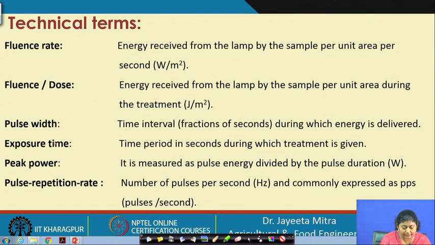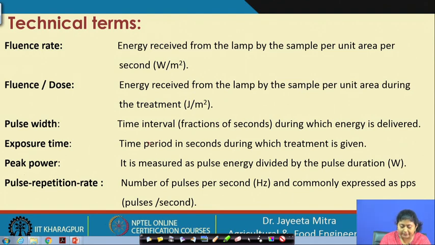Then there is pulse width. Pulse width is the time interval, that is a fraction of a second, during which the energy is delivered. Exposure time is the time period in seconds during which the treatment is given. Okay.